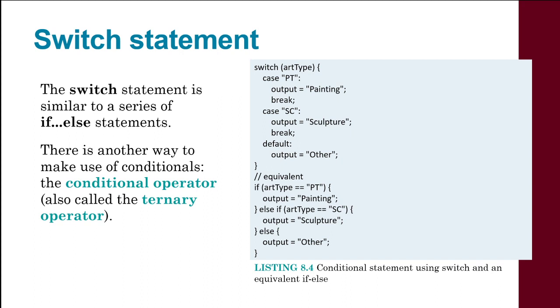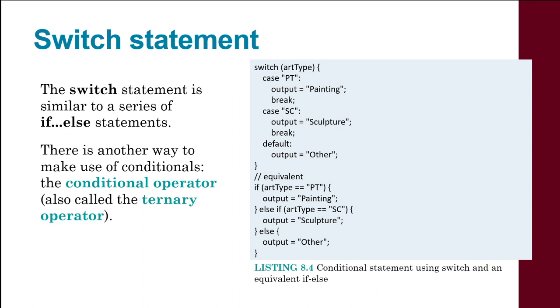And then we use an else if, so it's saying if it's this, do this thing, but if it's not that and it is this other thing, do that thing. So if it's PT, do this thing, but if it's not and it is SC, set it to sculpture. Otherwise, which is that final else, set it to other.